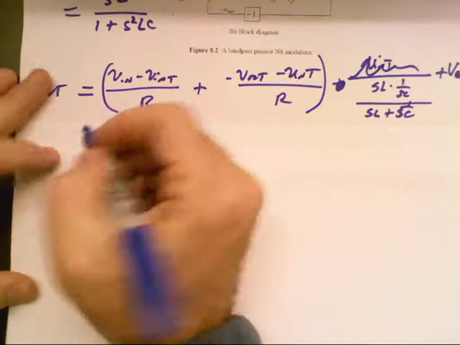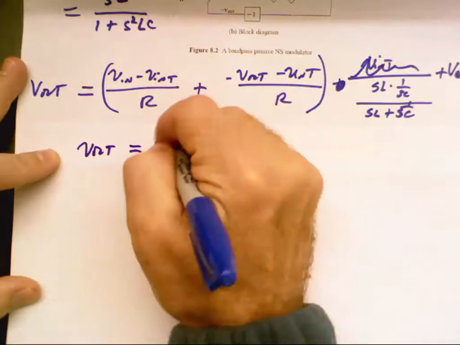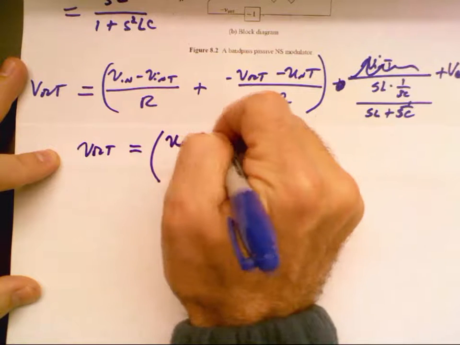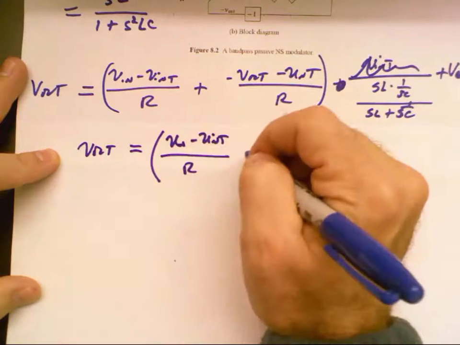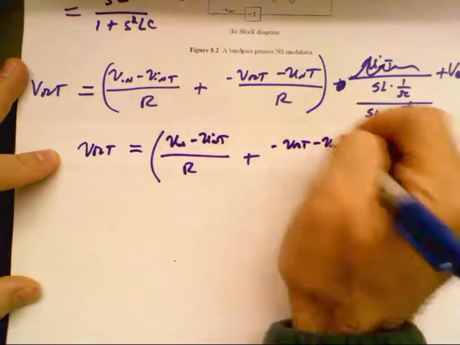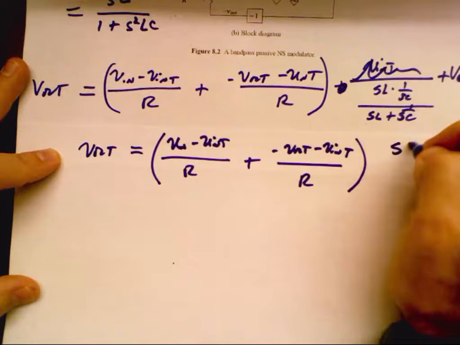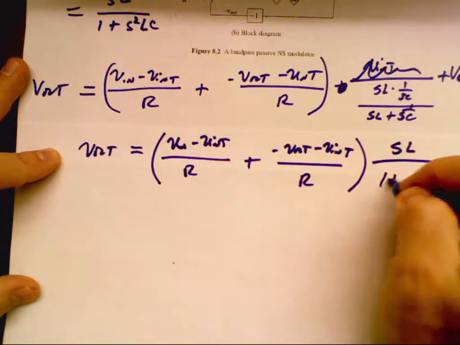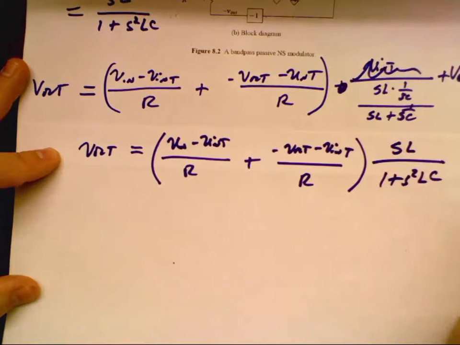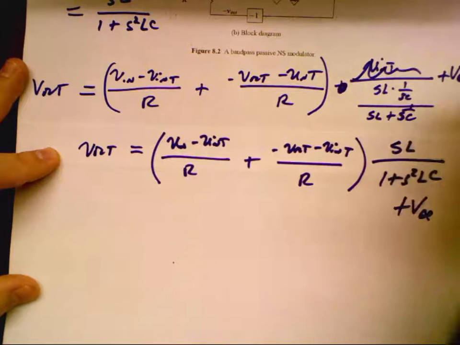So just to make sure it's clear, I'll rewrite it. Times SL over 1 plus S squared LC plus VQE. Looking good?